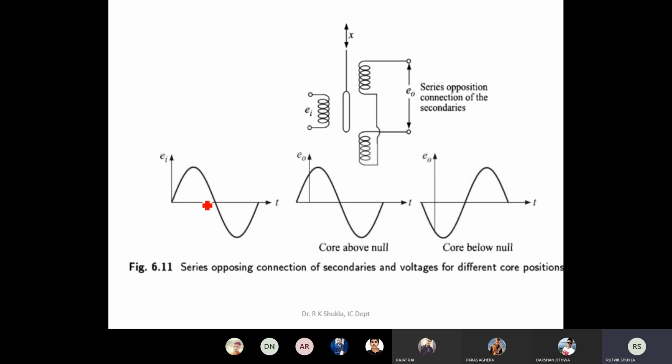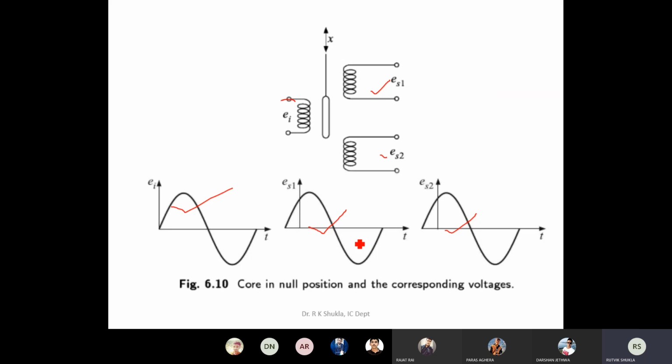This is again just like that, EI is somewhere like this. Now E0, whenever the core is in the null position, what you get is something like this. Whenever the core is in the null position, you get ES1 minus ES2, which means the output is 0.